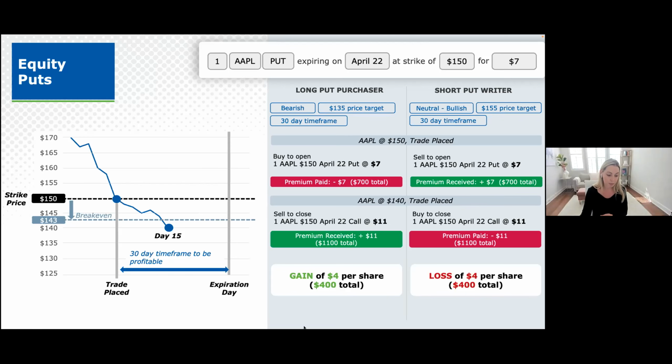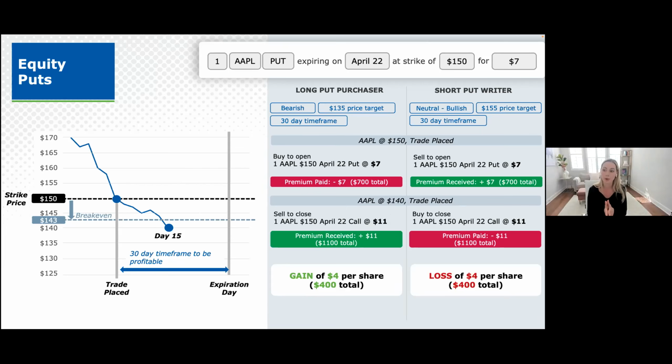So let's say Apple did go down, and this happened within the 15-day time frame. Apple's at 140. So I have the right to sell at 150. That means I could buy at 140, execute on my terms and sell at 150. That should be worth at least $10. That excess $1 is the extrinsic value component that's going to decay.